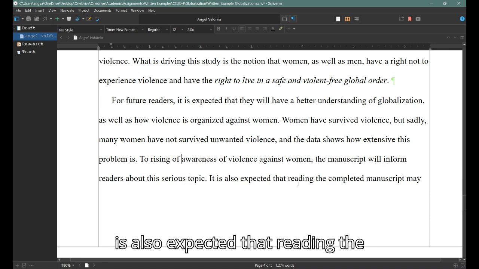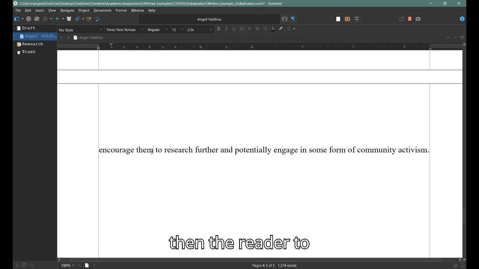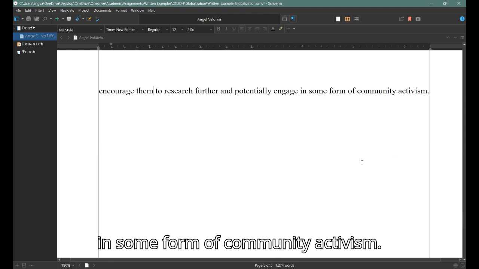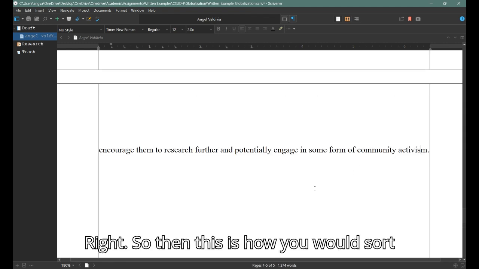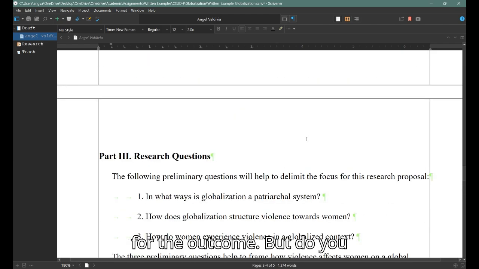It is also expected that reading the completed manuscript may encourage the reader to research further and potentially engage in some form of community activism. So this is how you would conclude and write out your section for the outcome.